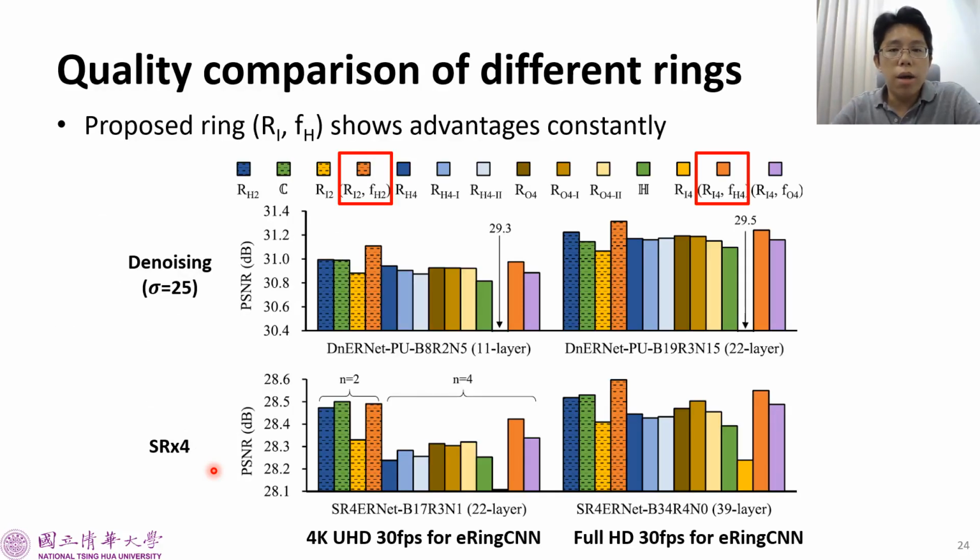For image quality comparison, we compare different ring algebras using 4 different CNN models. They are for 2 applications and 2 performance nodes. And in all of these test cases, the proposed rings here and here show consistent advantages in terms of PSNR.